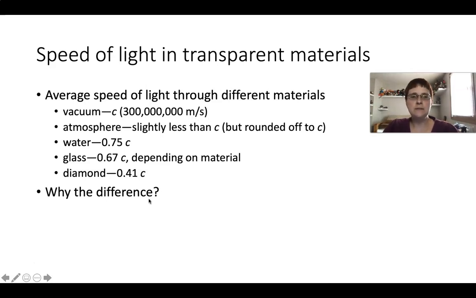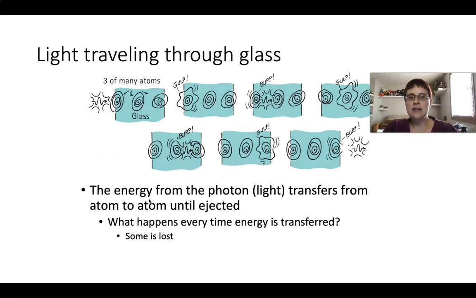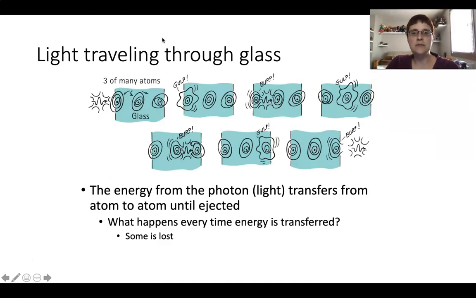So what's the difference? It's actually because of the same reason why the speed of sound increased as we went from gas to solid. But let's take a look at what happens when light travels through a material like glass. So here is a pane of glass. Here's our incoming light ray. It's energy.